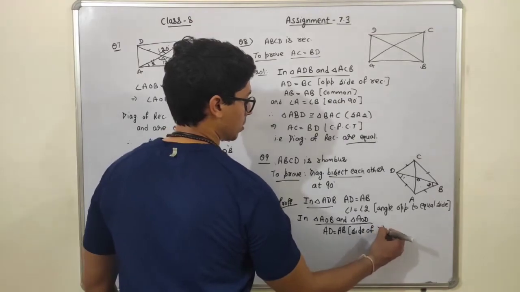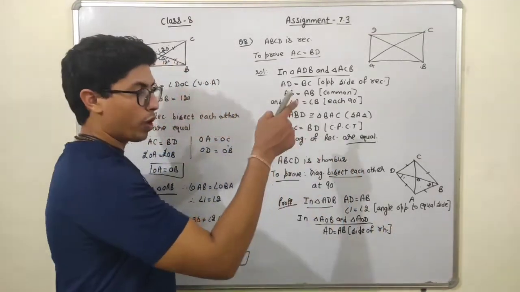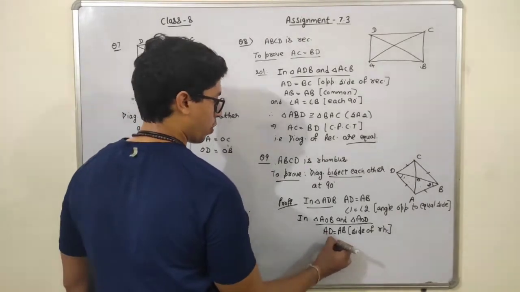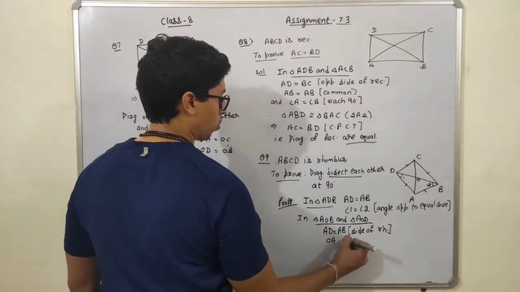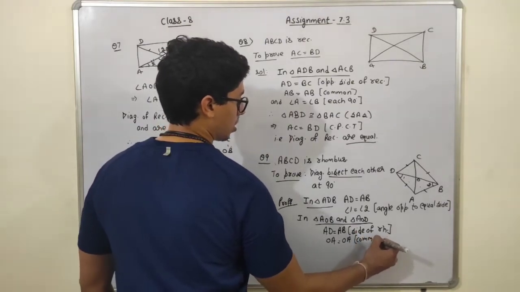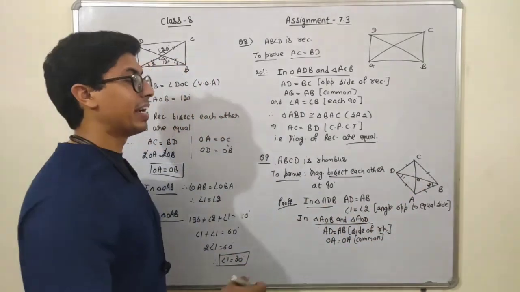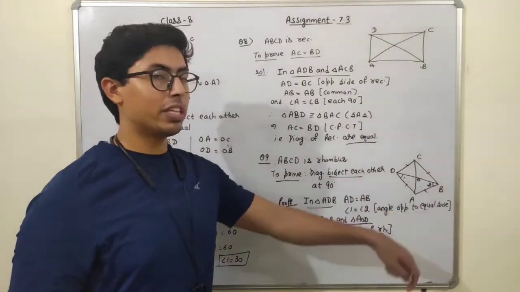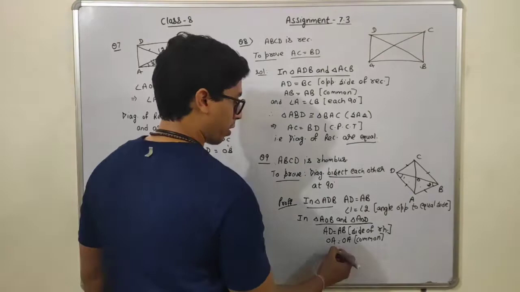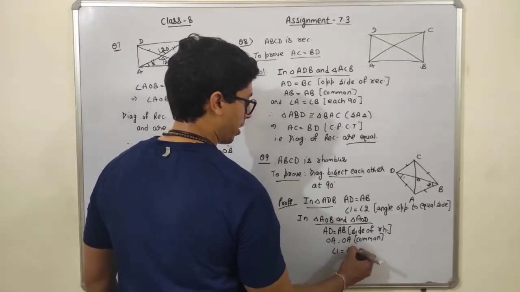OA is equal to OA, common in both the triangles. And angle 1 in this triangle and angle 2 in this triangle are also equal, because I have already proved angle 1 is equal to angle 2.